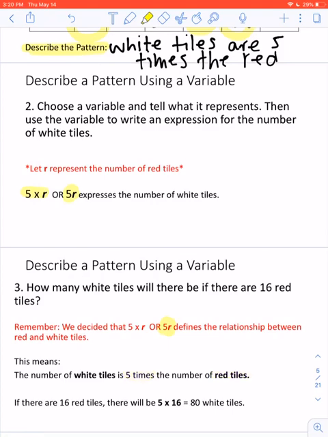If I tell you that there are 16 red tiles, all I have to do is multiply 16 by 5, because the white tiles are always 5 times the amount of red tiles. So there would be 80 white tiles.